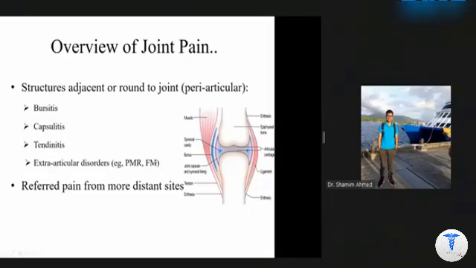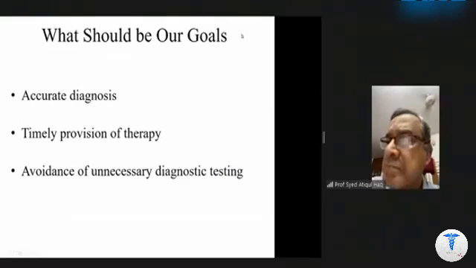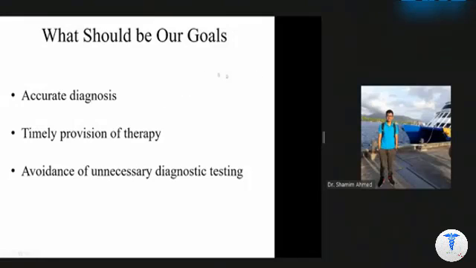from distant sites. Now, when a patient comes to a doctor, what should our goals be? Our goal should be accurate diagnosis of the joint pain, whether this is a mechanical condition or an inflammatory condition. If it is an inflammatory condition, whether it is rheumatoid arthritis or spondyloarthritis or any other condition, and timely provision of therapy. This is very important. Sometimes joint pain may present as a medical emergency like septic arthritis.